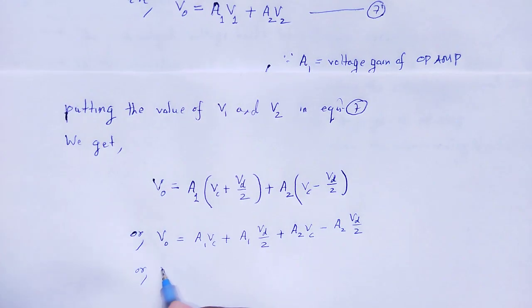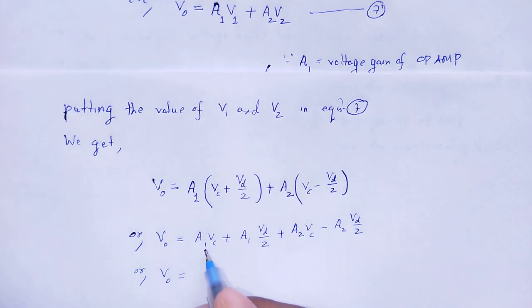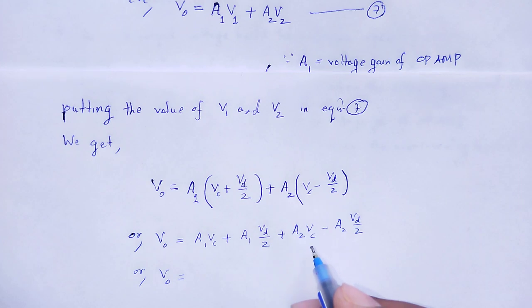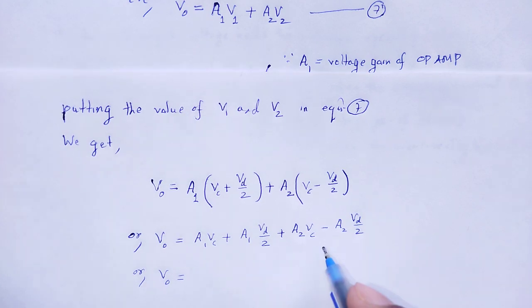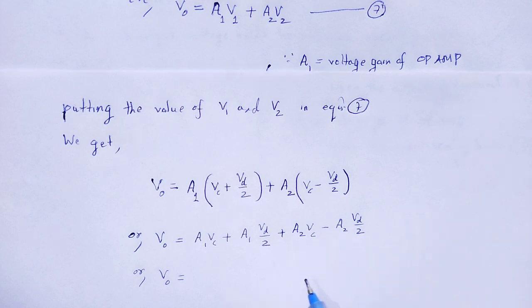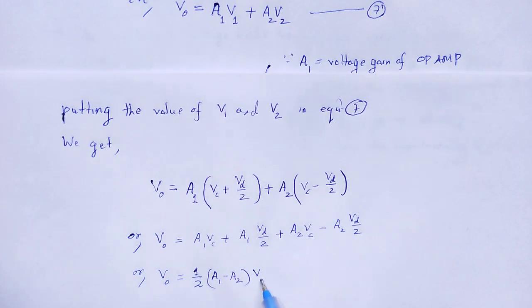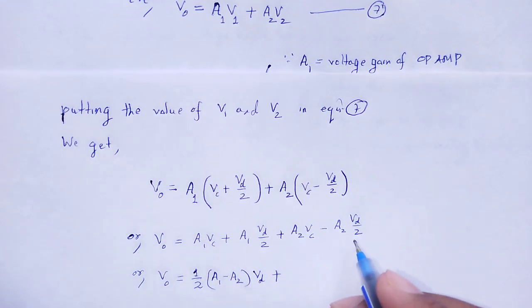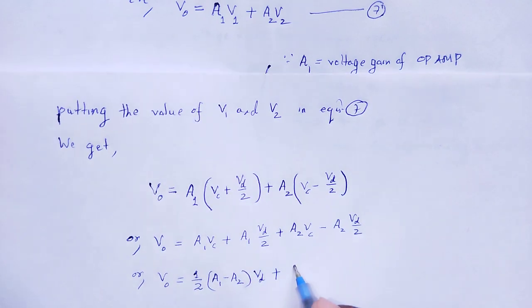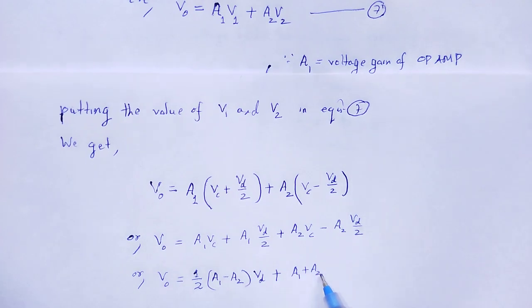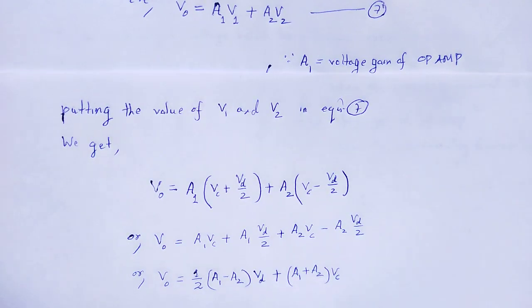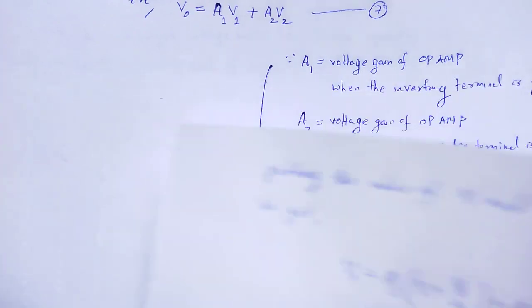Now rearranging, taking Vc as common and Vd as common: half of A1 minus A2 times Vd, plus A1 plus A2 times Vc. Equation number 8.